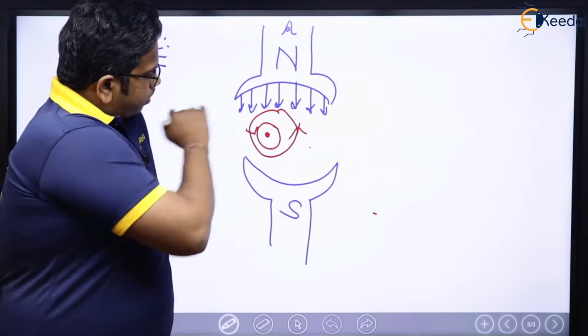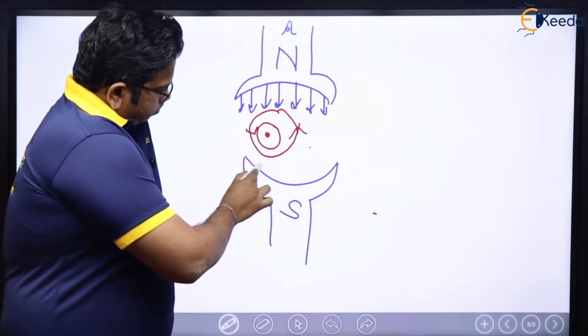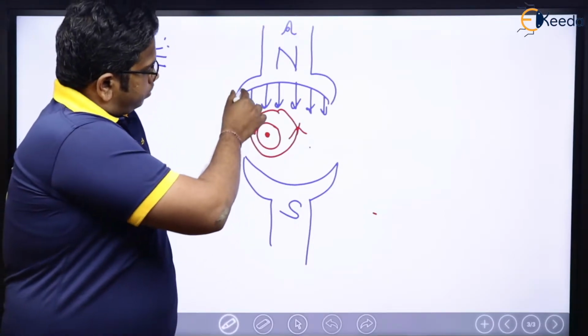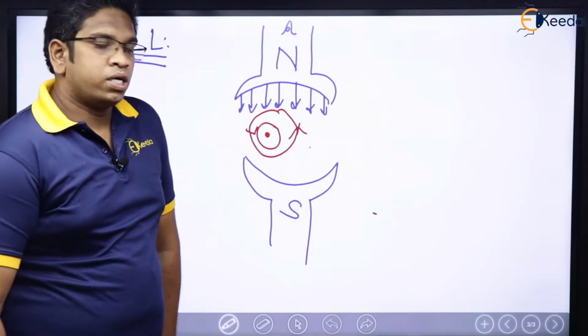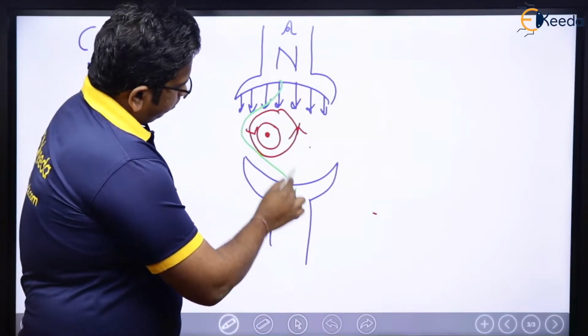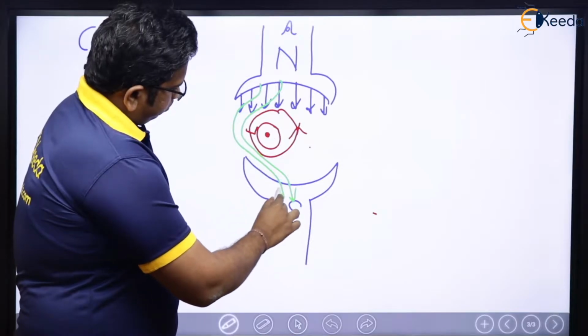Now, what is happening here? If you see, this red flux is aiding, or helping, the blue stator flux. That is the reason flux will get stretched here like this, and it will complete the path, right?